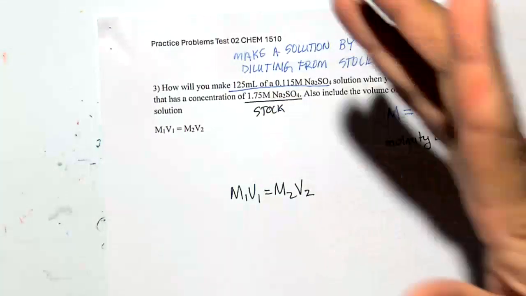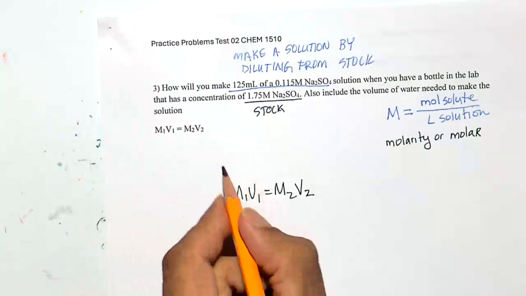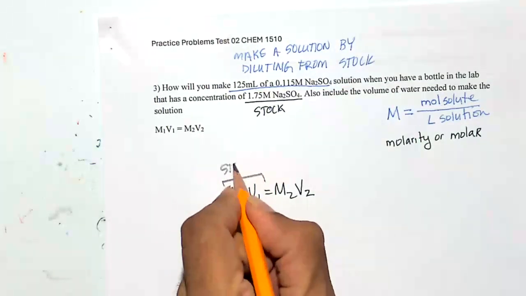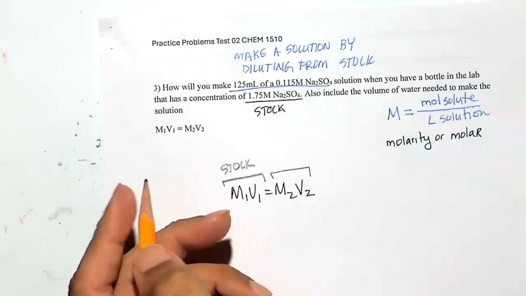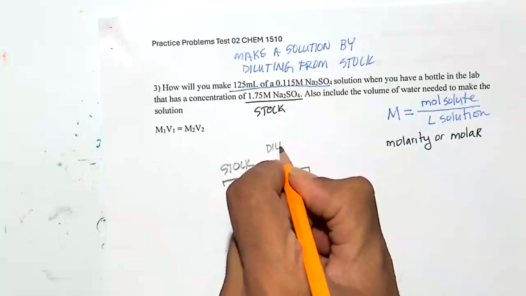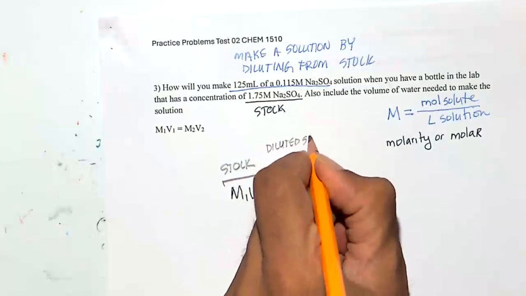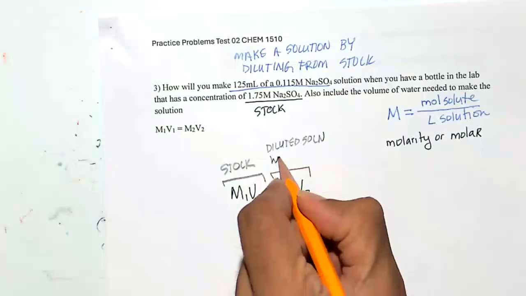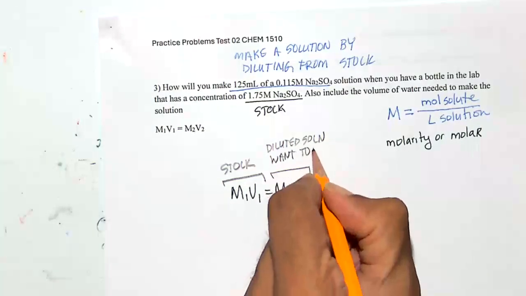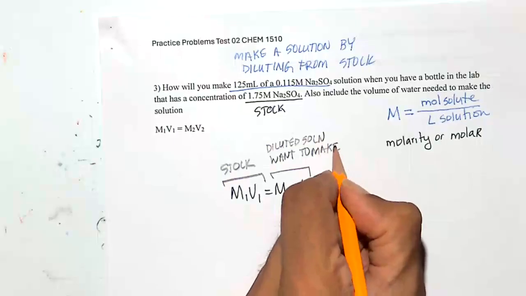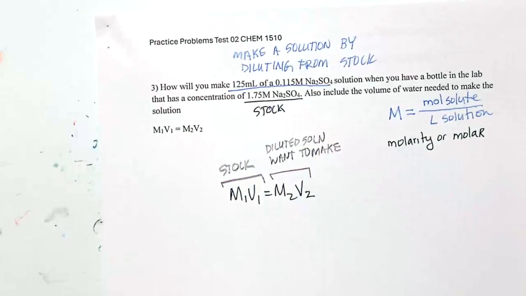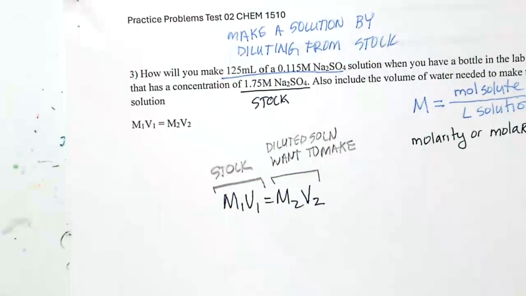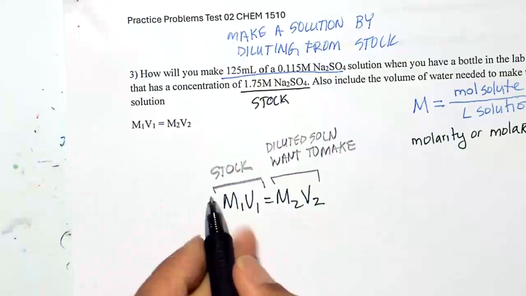So usually on the left-hand side is the stock, and on the right-hand side is the diluted solution we want to make. Our stock is 1.75 molar.